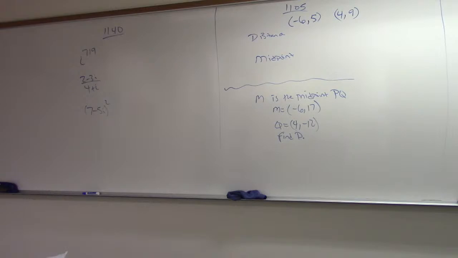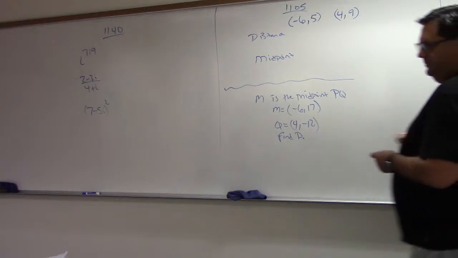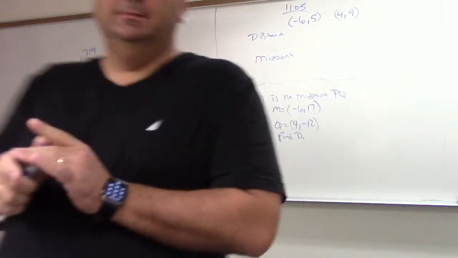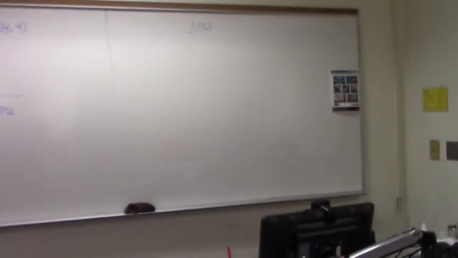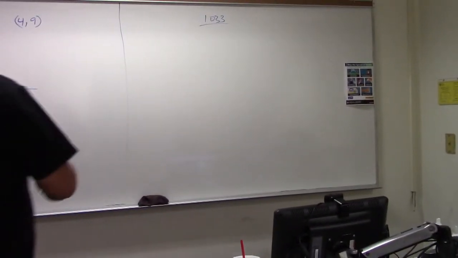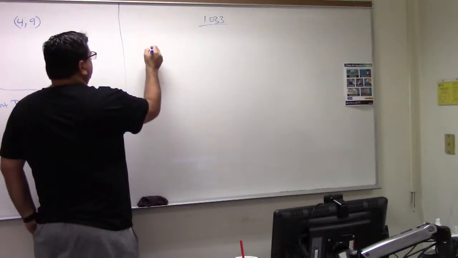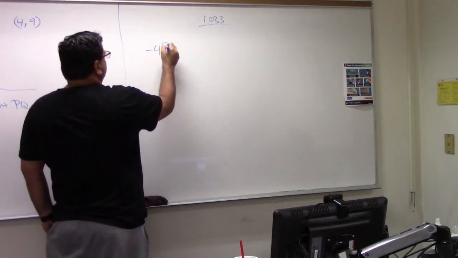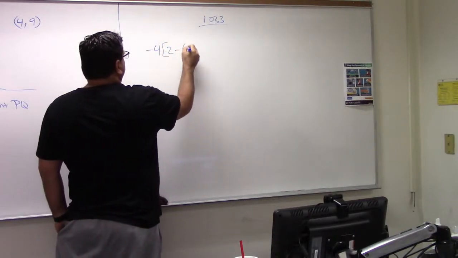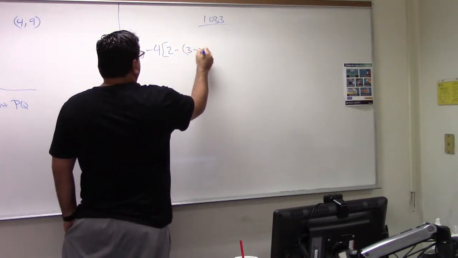What class are you in? You're here. I was thinking you were in college algebra for some reason. All right. So Greg, you're here. You're going to go -4, 2.